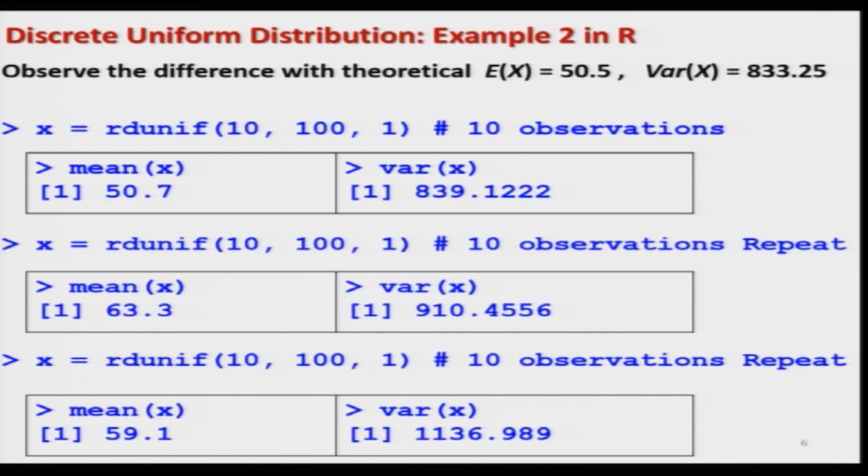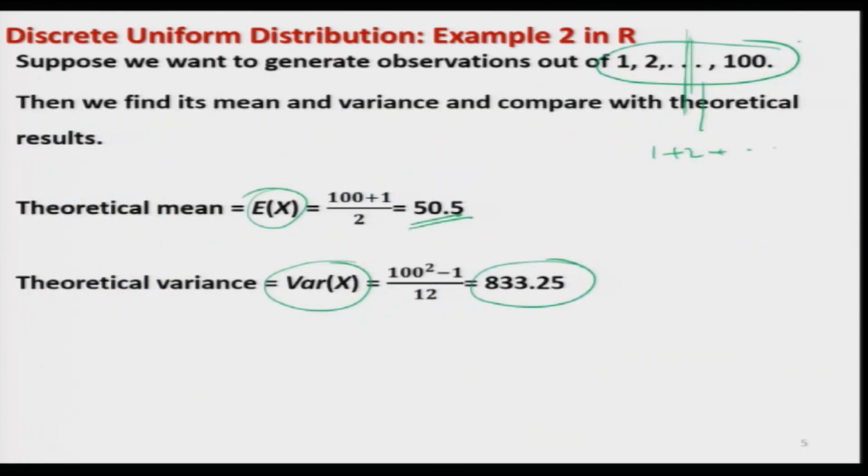So, now suppose I have found that expected value of x is 50.5 and variance of x is 833.25. So, I try to simulate the same thing inside the R software. You can see here that these are the observations between 1 and 100, right.